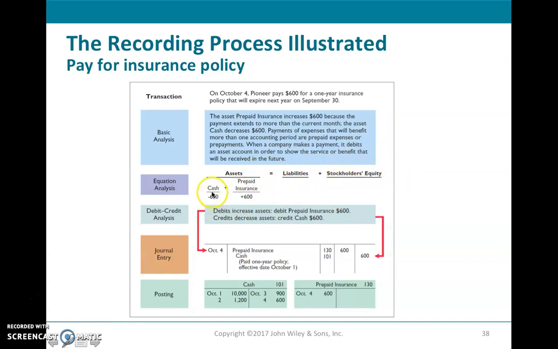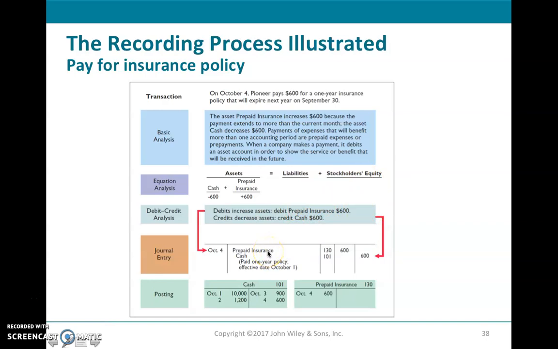To increase an asset, you debit it, so prepaid insurance is debited. To decrease an asset, you credit it. So you have to always make sure you have at least one debit, one credit, and the total dollar amount that is being debited equals the total dollar amount that is being credited.